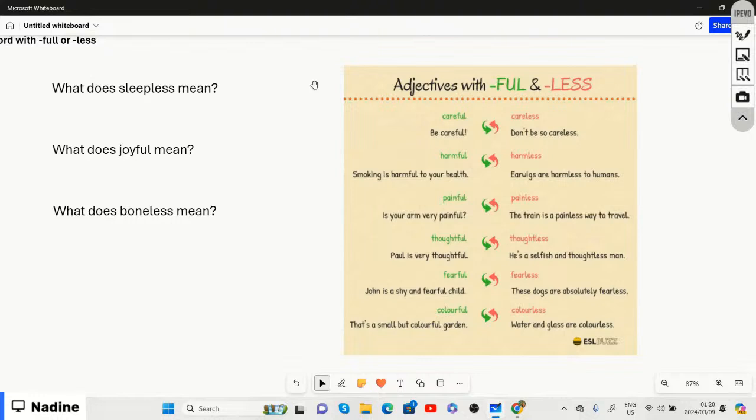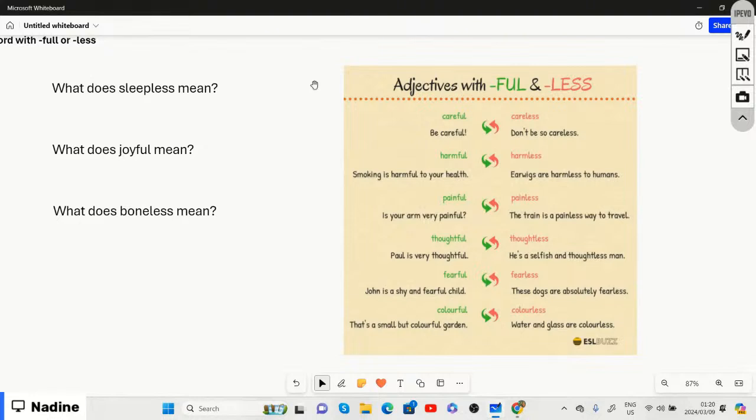And if we look at these words, these are adjectives with the suffix full and with the suffix less. The words in green are the full words, which means full of.